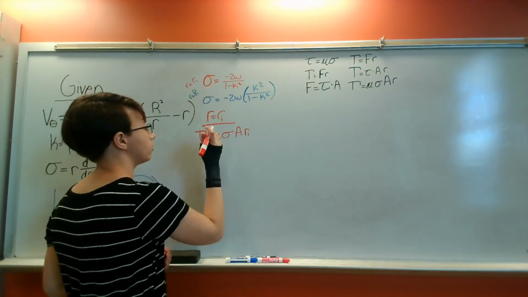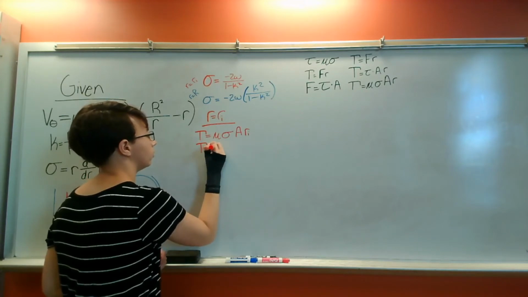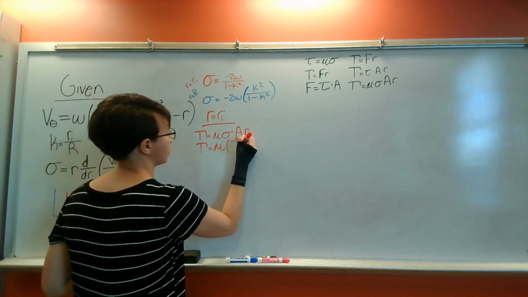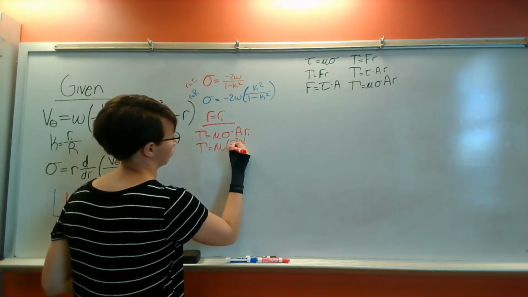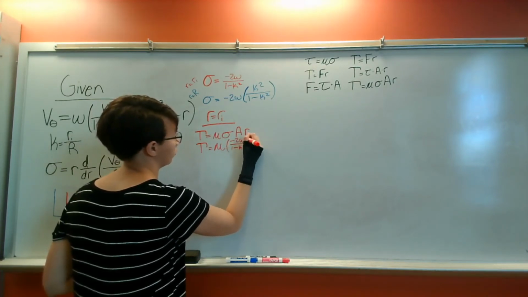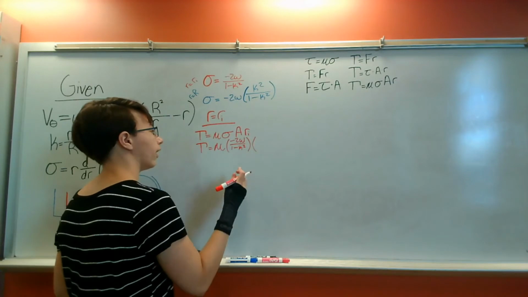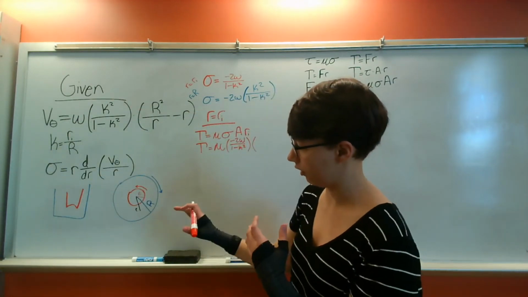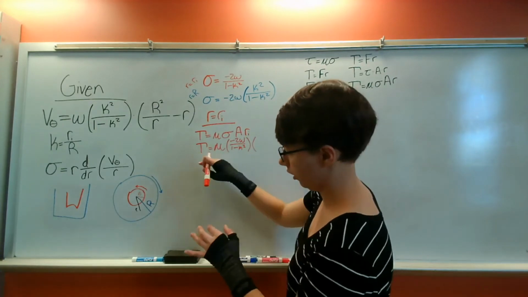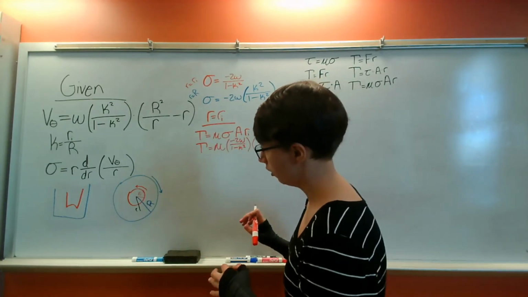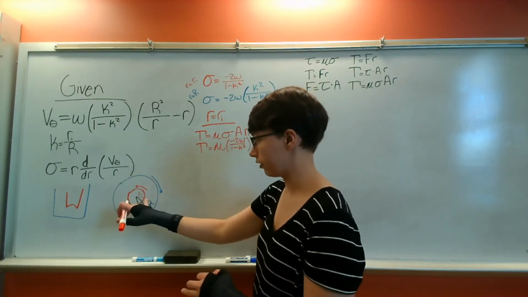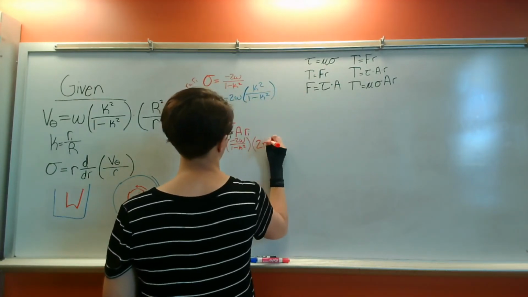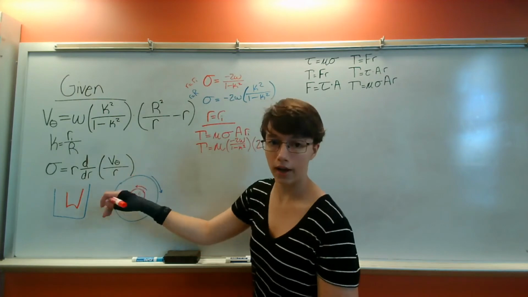We can plug in our shear rate, which was -2 times the angular frequency over 1 minus k squared. And then the area is the area of contact between the outside of the cylinder and the fluid inside of it. That's going to be the circumference, which is 2 pi r, times the height of the cylinder.